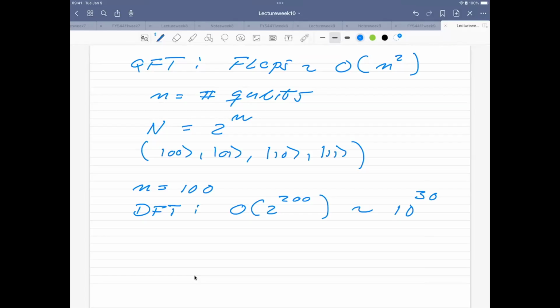Okay? So if you then look at the fast Fourier transform and you plug in the same numbers, that should be 1 DFT, sorry.